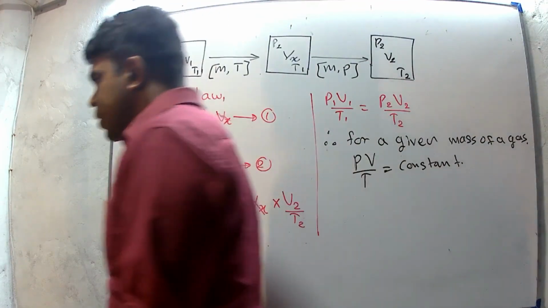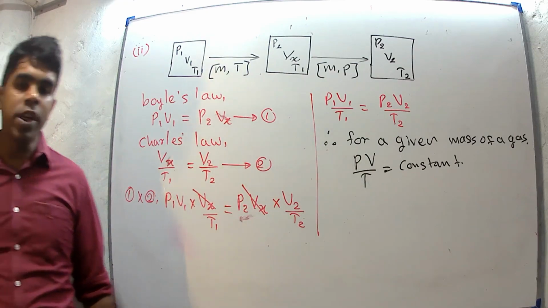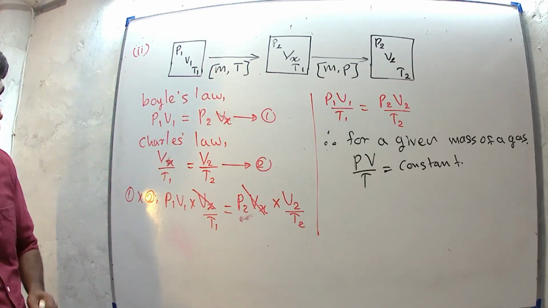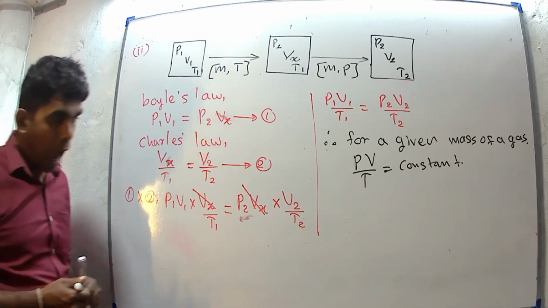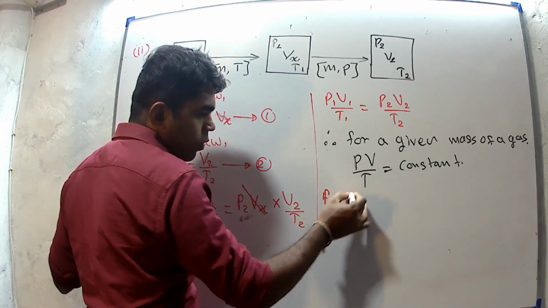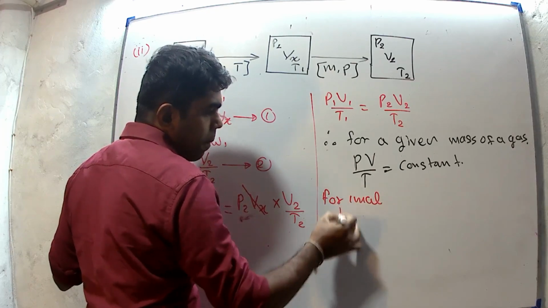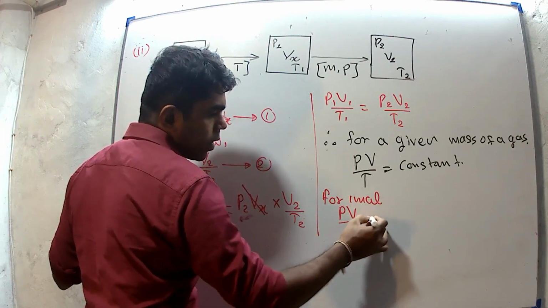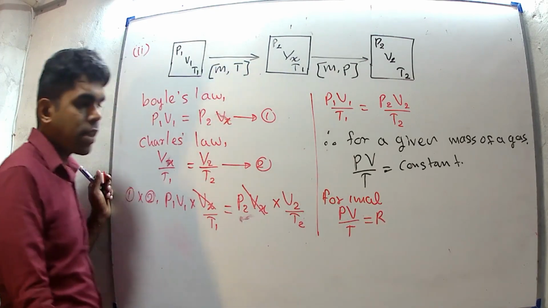For 1 mole, this constant PV over T is defined as R. R means the universal gas constant.